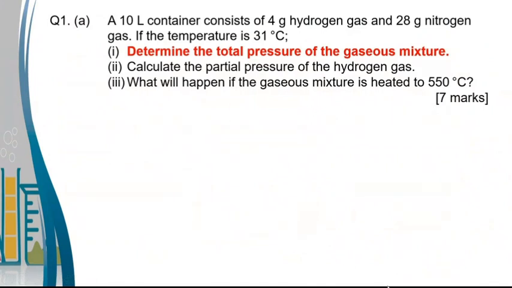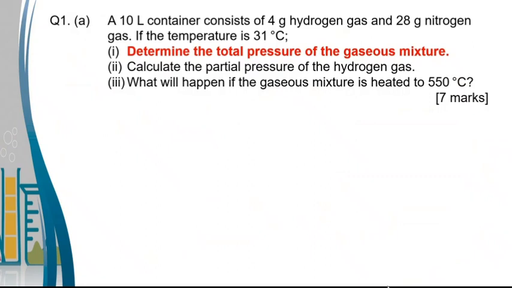A 10-liter container consists of 4 grams of hydrogen gas and 28 gram nitrogen gas. If the temperature is 31 degrees Celsius, determine the total pressure of the gas mixture. Alright, we need to use Dalton's law because this involves a mixture of 2 different gases.